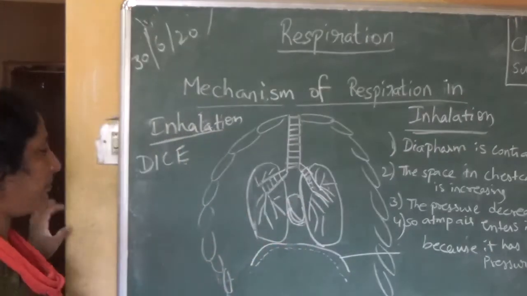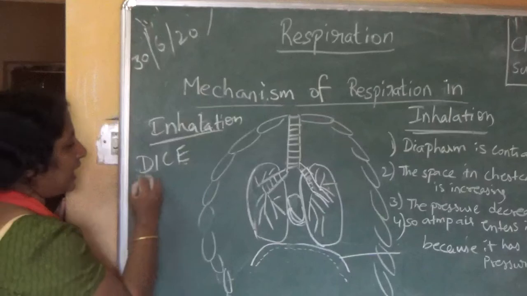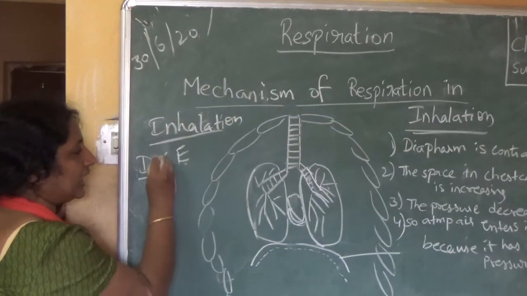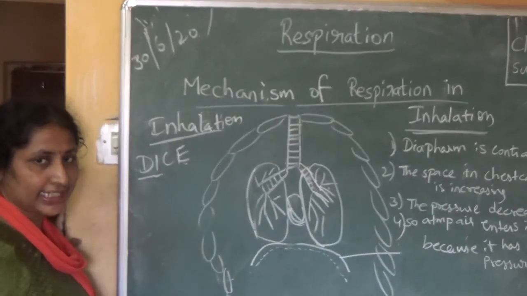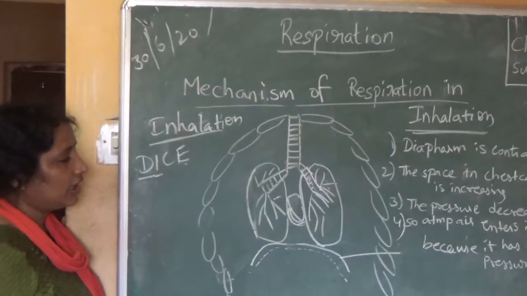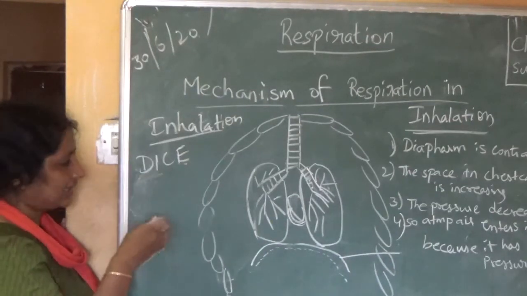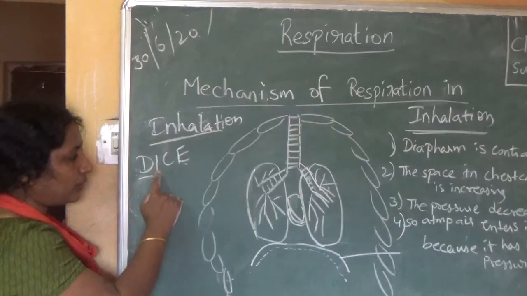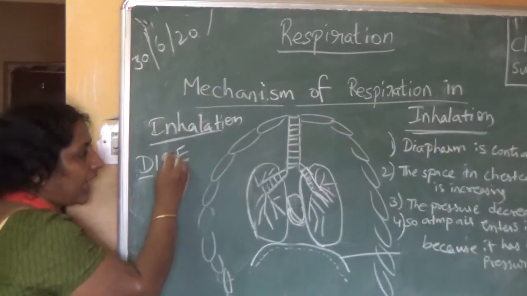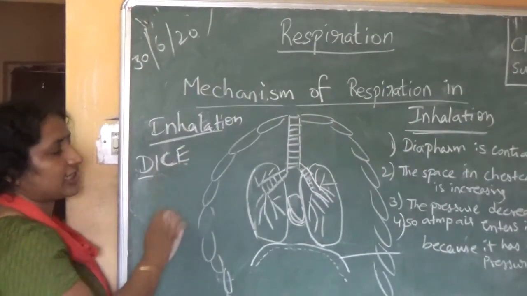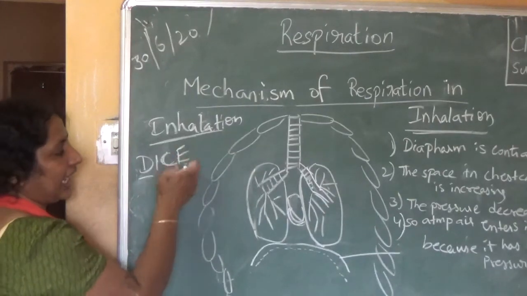So you need to remember, I have given a code word. See, diaphragm during inhalation. You know the dice where you are playing snakes and ladders, you throw dice. So just remember the word dice. So diaphragm during inhalation contracts. C is contracts. And the chest cavity expands.